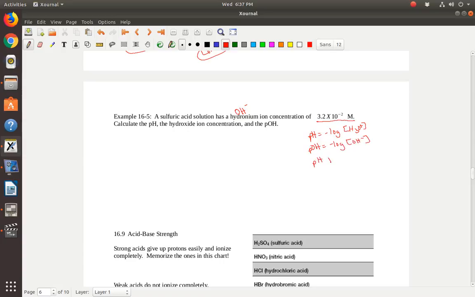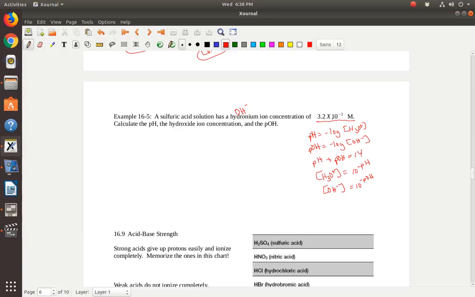We know that pH plus pOH is 14. We know the concentration of the hydronium ion is 10 to the negative pH, and the concentration of the hydroxide ion is 10 to the negative pOH. All the formulas are on your reference book. So, let's look at it.